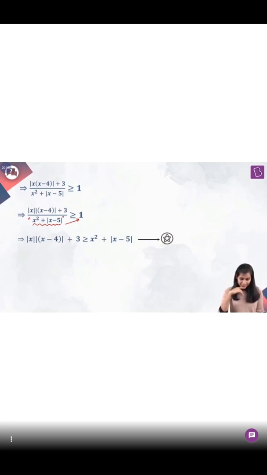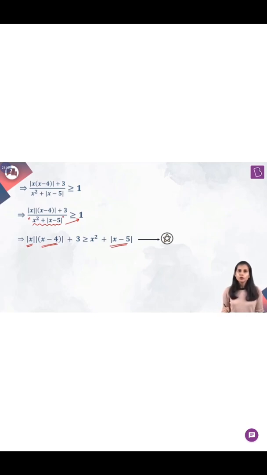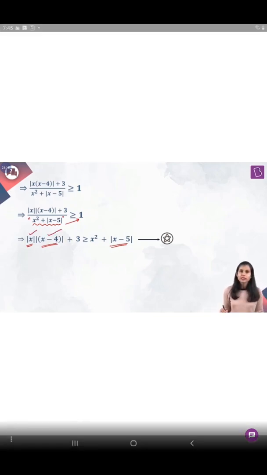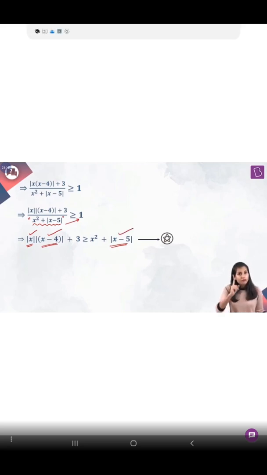The problem with this inequality is that there are mod expressions involved, that too 3 mod expressions. I know mod function is a branch function. It behaves differently about its critical point, isn't it? That's why we plot all 3 mod functions' critical points on the real line. So this function's critical point is 0, this mod function's critical point is 4, and this mod function's critical point is 5.